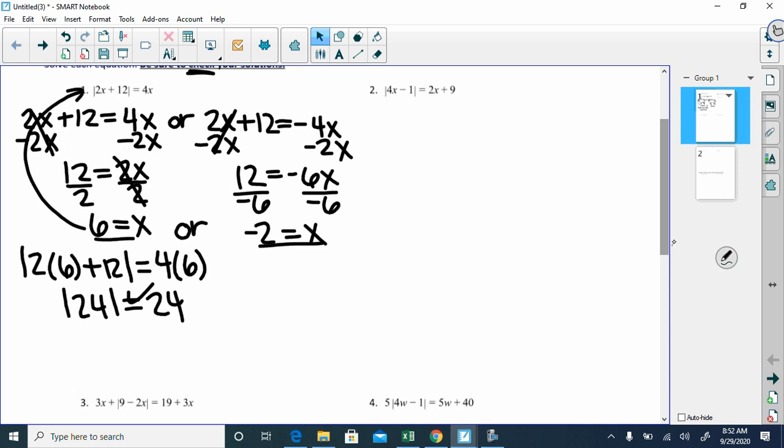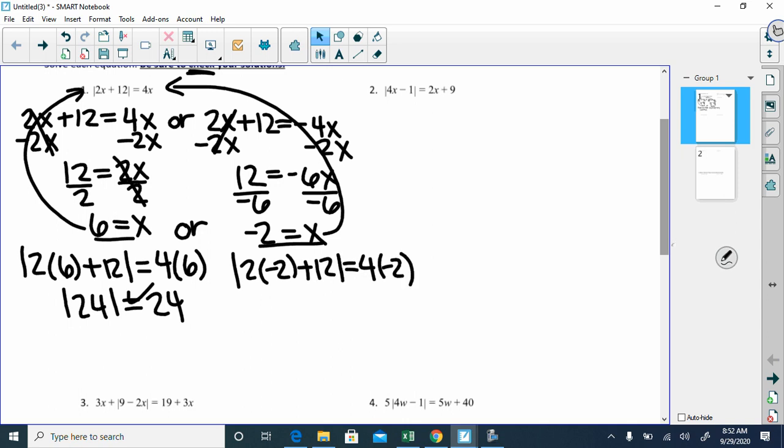All right, now I'm going to do the exact same thing. This time I'm plugging in the negative 2. So I've got the absolute value of 2 times negative 2 plus 12 is equal to 4 times negative 2.